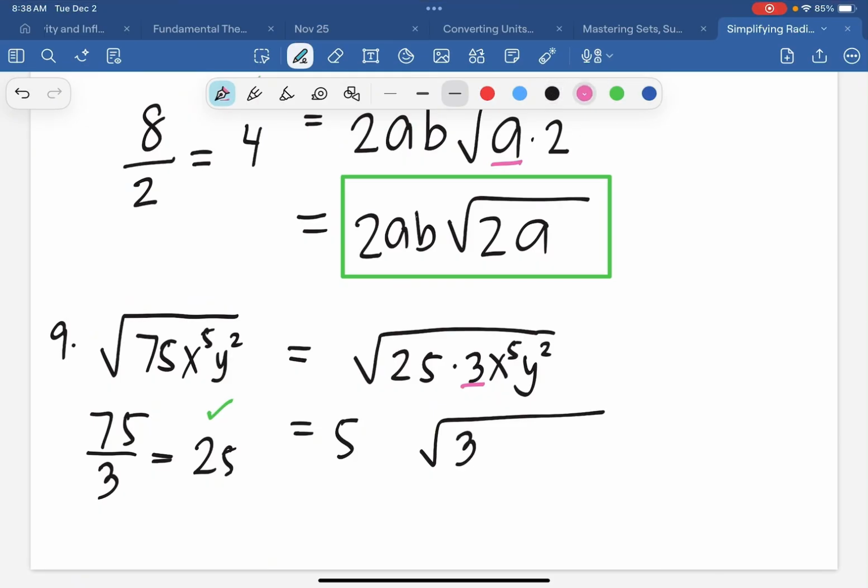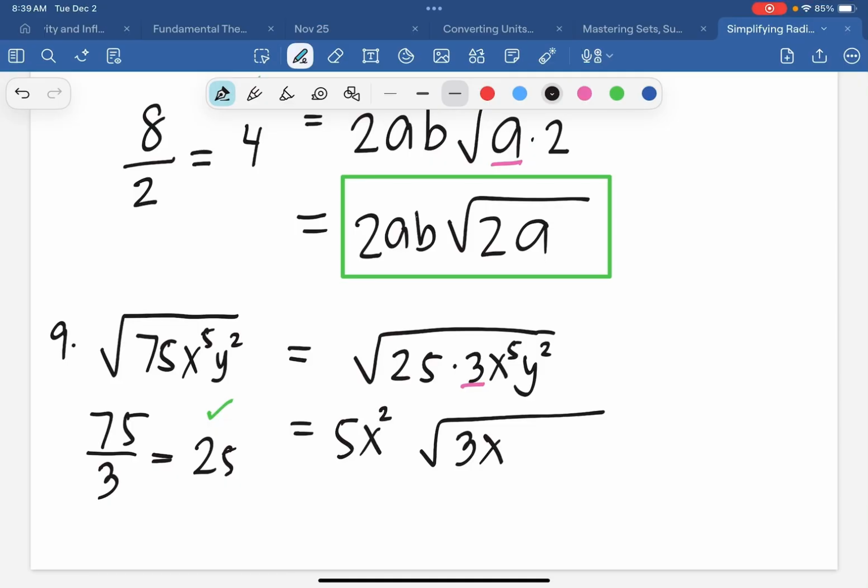Now 5 divided by 2 is 2, which has a remainder of 1, which means 1x remains inside with the exponent of 1. And then again, 5 divided by 2 is 2, so you get a whole number quotient of 2, so x squared.